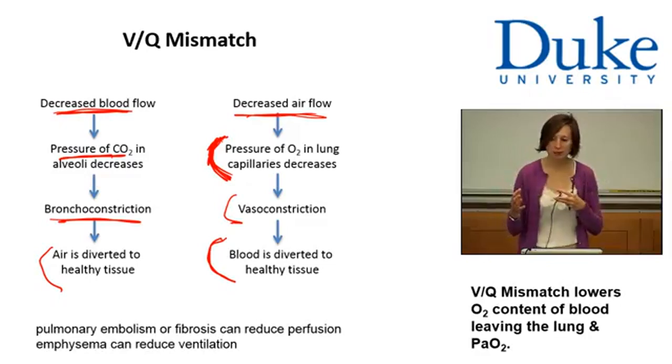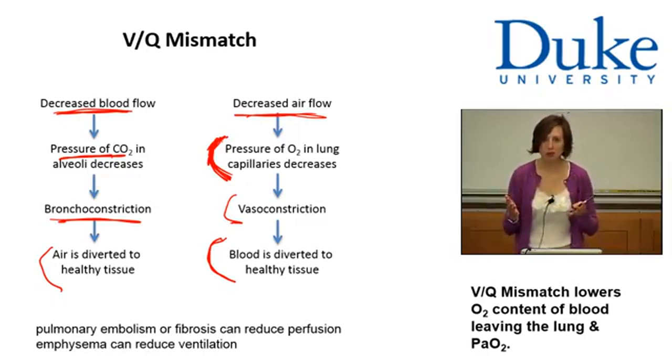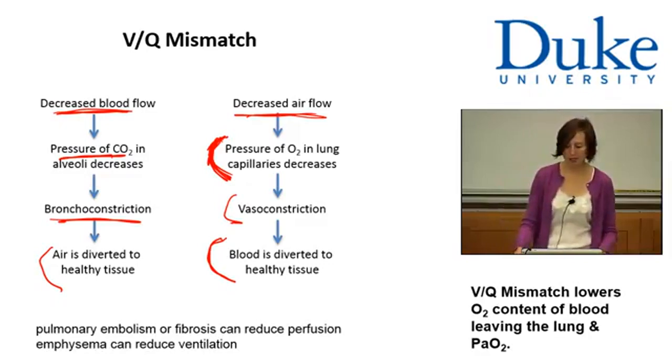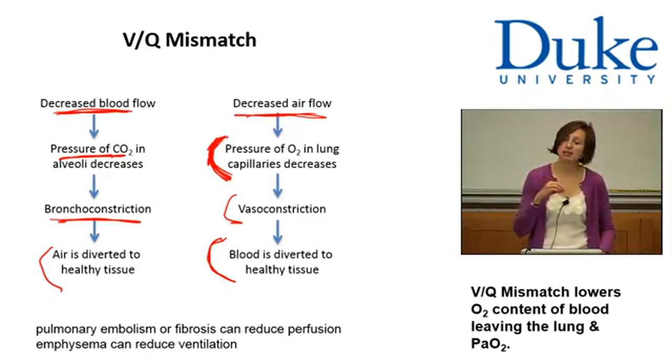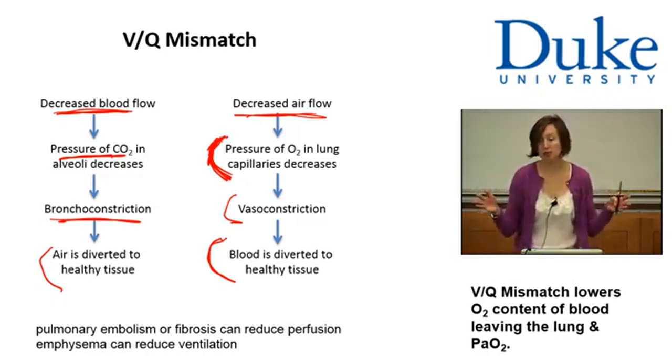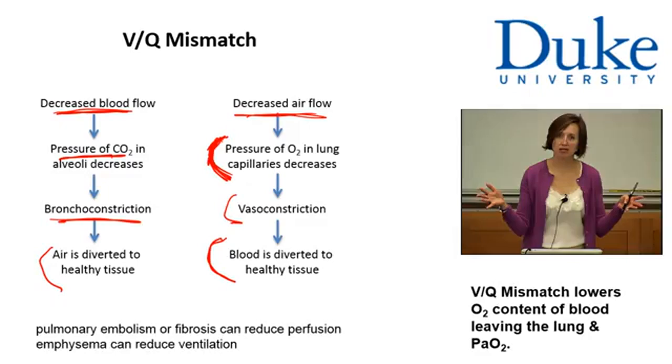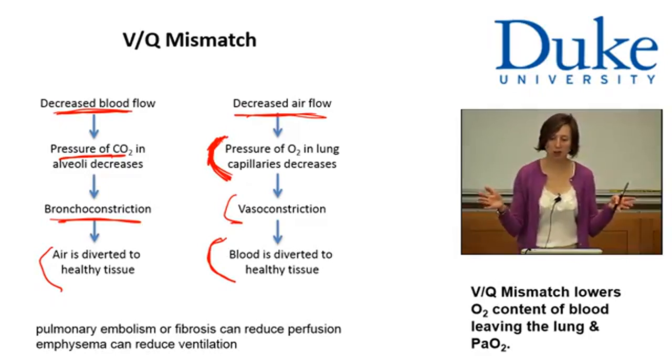And there's some people that are more susceptible to high altitude pulmonary edema, but it's really based on this response to VQ mismatch. The problem comes when the whole lung responds in that way, and then if you have leaky capillaries.